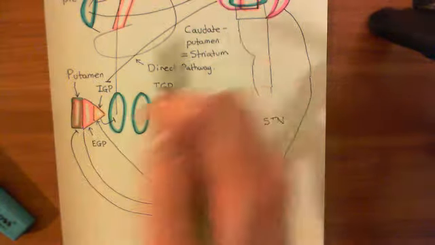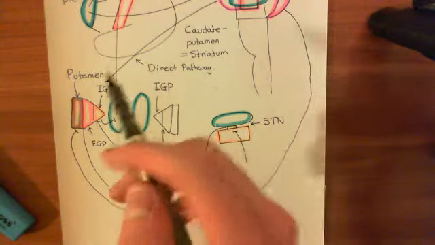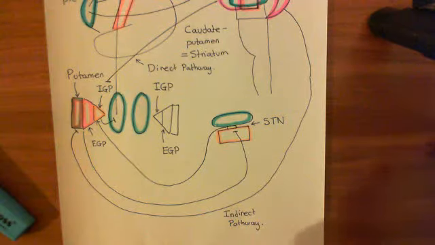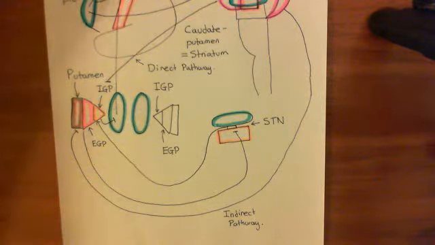And now we're back to the same thing that the direct pathway achieved. By inactivating the internal globus pallidus, you stop the inactivation of the thalamus, so the thalamus activity goes up, which leads to the OK signal going to the cerebral cortex that allows the motor plan to go from the supplementary motor area to the primary motor cortex.